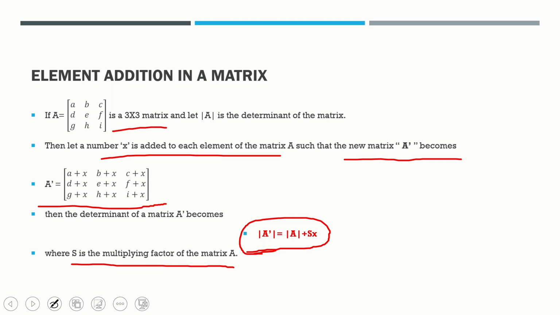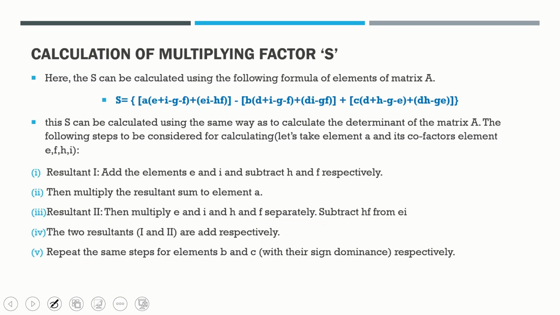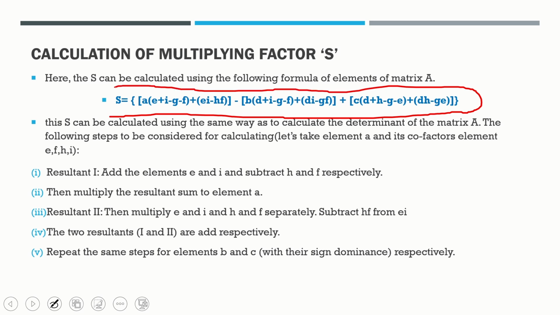Now you will be wondering, what is this S? From where has this S come, and what is the role of this S? Let's see. Coming to the calculation part, the calculation of the multiplying factor S. Here the formula is given, but as you see, this formula looks very weird and complicated.